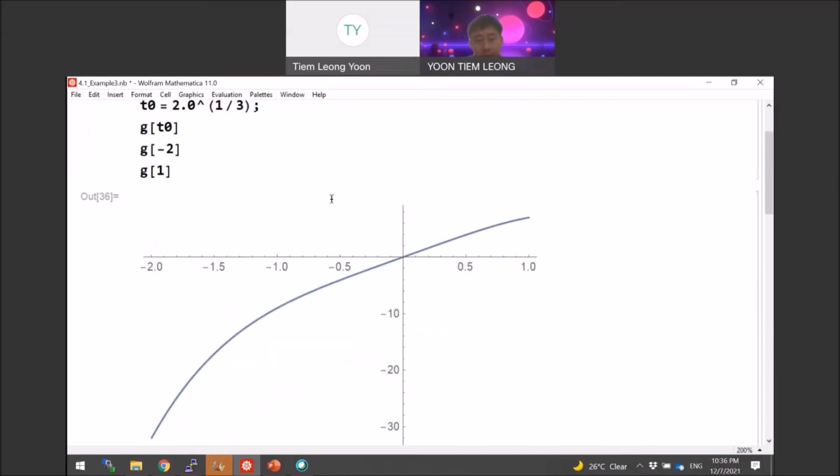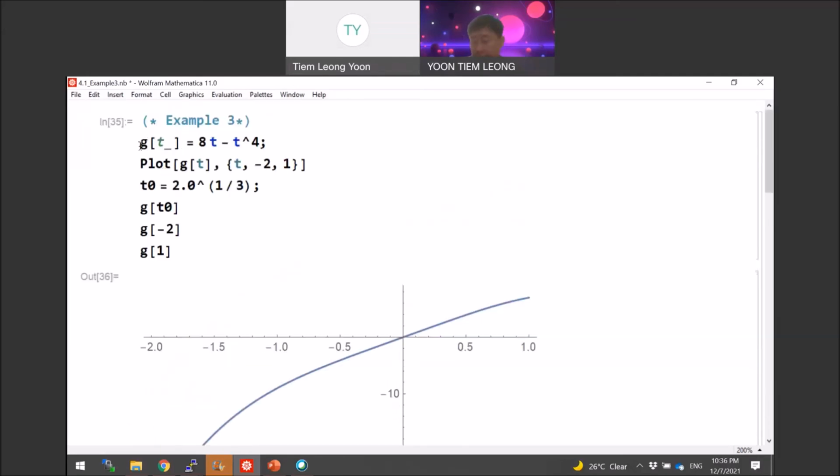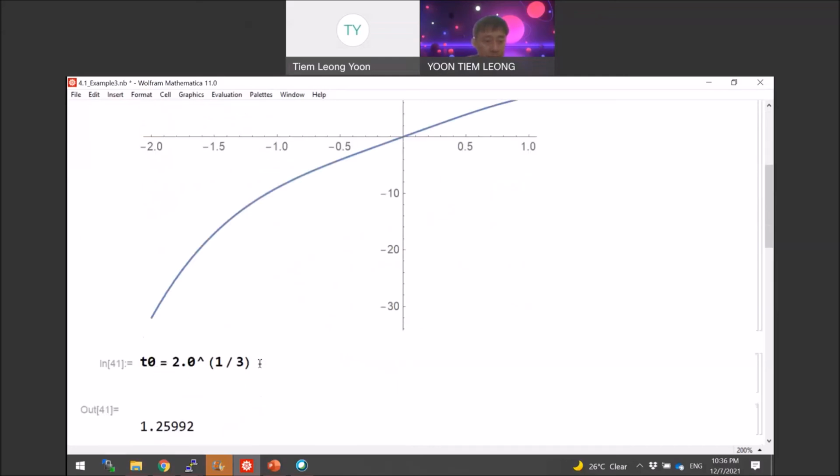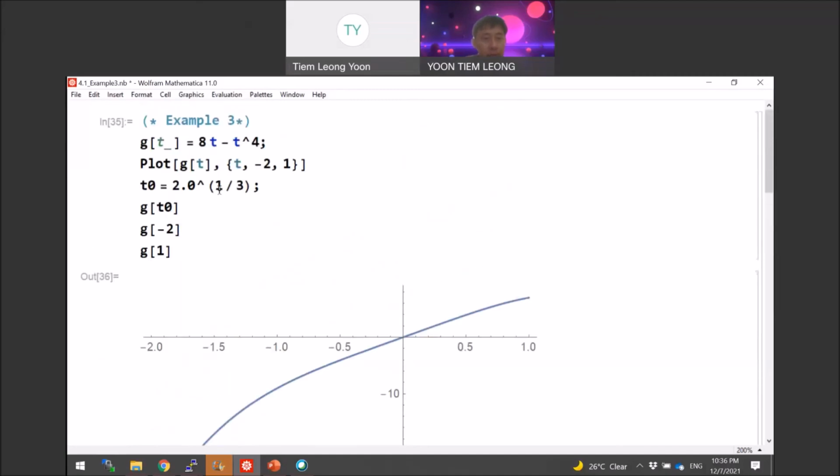But remember, the function g(t), as mentioned in the text, is only defined for t from -2 to 1. So obviously, 1.26 is larger than 1.